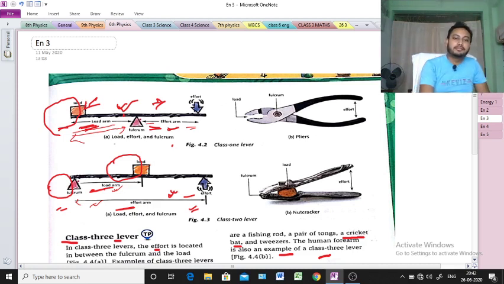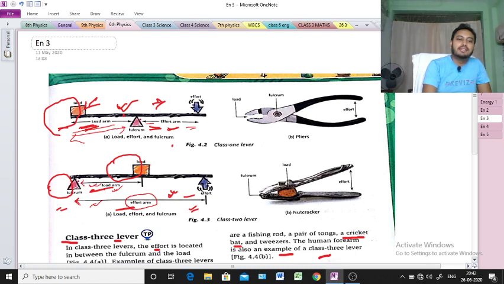But in the case of the class 2 lever, the length of the effort arm will always be greater than the length of the load arm.